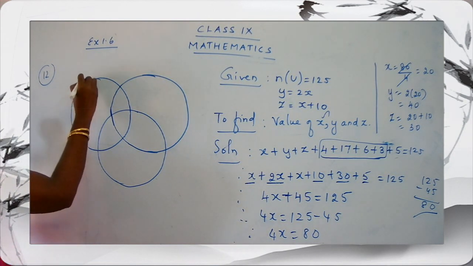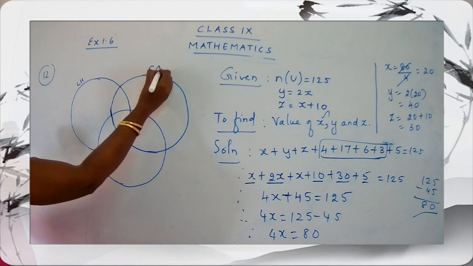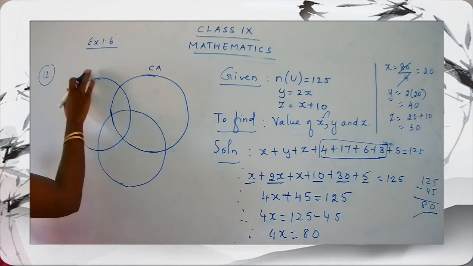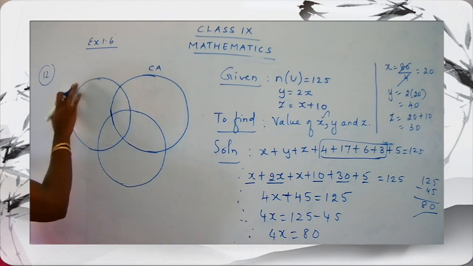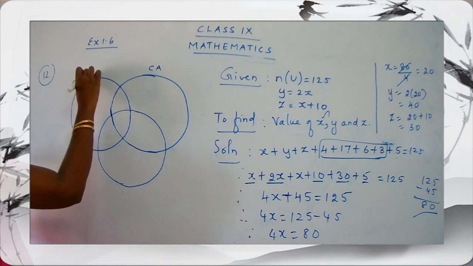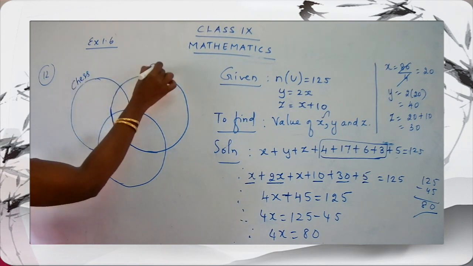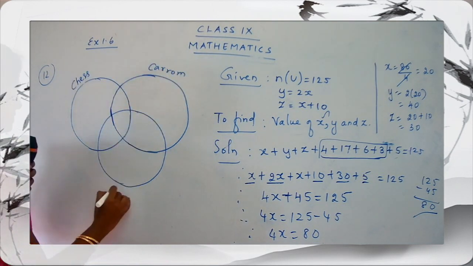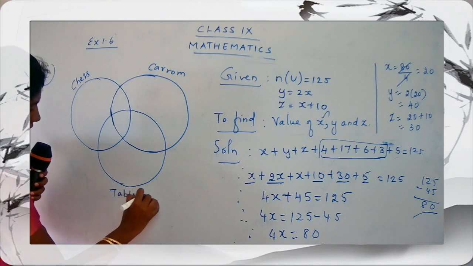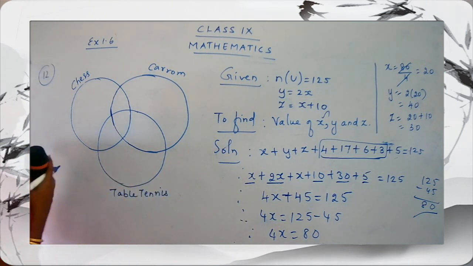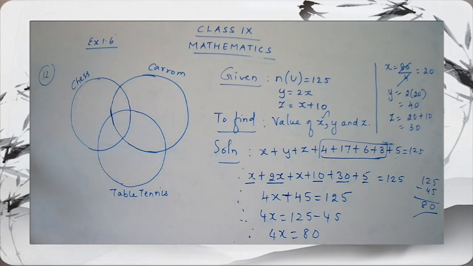You just write down your CH and CA, or you can just mention, no problem. I'll write fully, no problem. Chess, this is carom, and this is table tennis. Let's mention the full name of the game. Chess, carom, and table tennis.